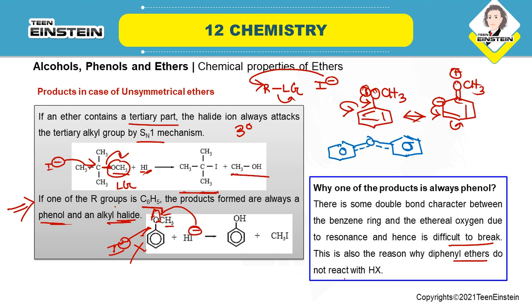So for this type of molecule, that is diphenyl ether, or better I say in general ArOAr, where there may be any substitution in the phenyl ring, reaction with HX is not possible. So at least on one side there should be some alkyl group, then only cleavage by HX is possible, otherwise it is not.